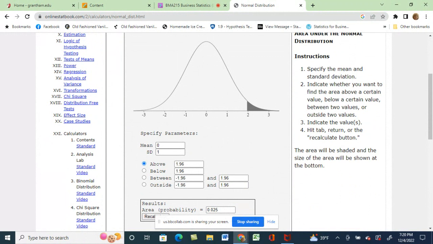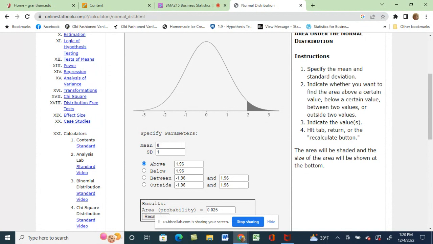Okay, so if you want the probability that, say, z is between 0 and 1.5, well, look at all your choices you have. You have above, and that means the area above, the area under the curve. Here's something really important. The area under the curve is probability. So that tail right there, as we're looking at it, is the probability that our z-score is above 1.96.